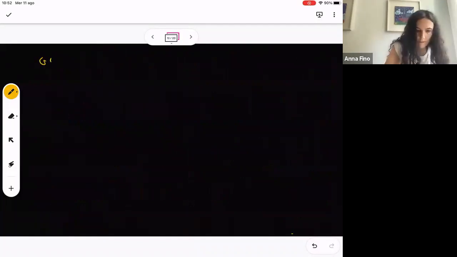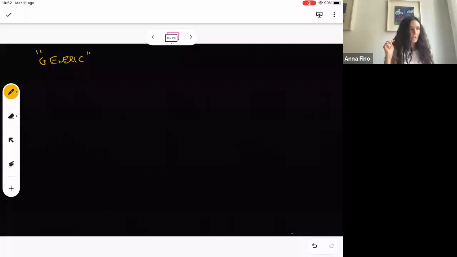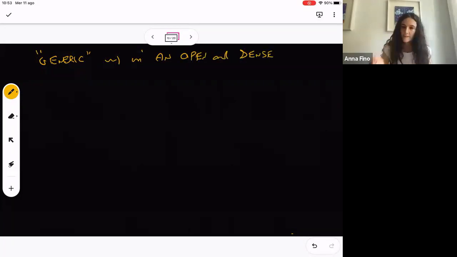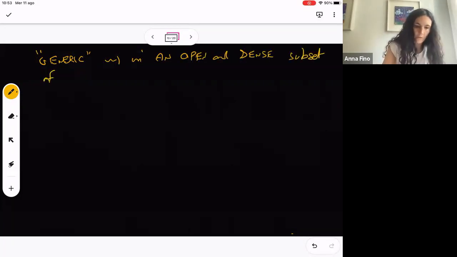So generic, by generic, it just means that in an open and dense subset of, you take the space of omega-tamed almost complex structures. This is an infinity Fréchet space, okay?